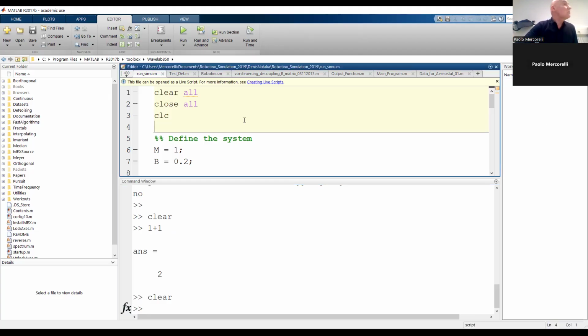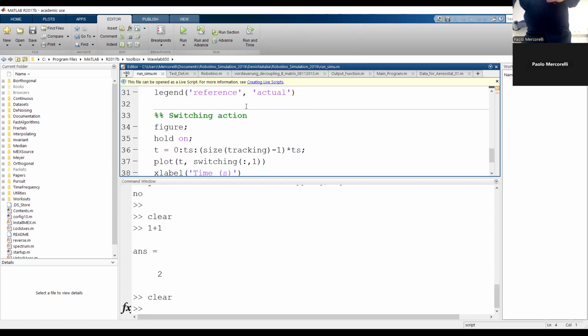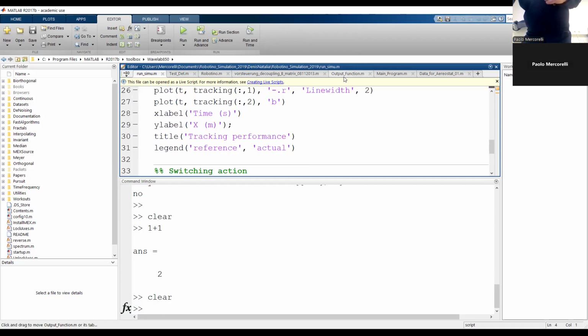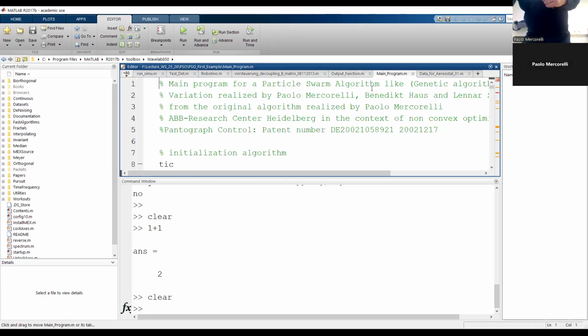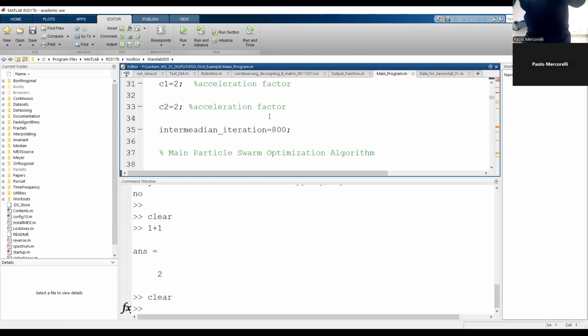In the middle, we have the most important part. We will go in depth on this when I explain the particle swarm optimization method, in which we can realize extremely complex programs. Look here: this is what I will tell you about in the next weeks, and we will do exactly this together.